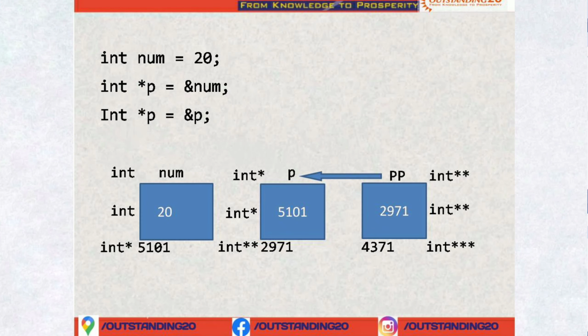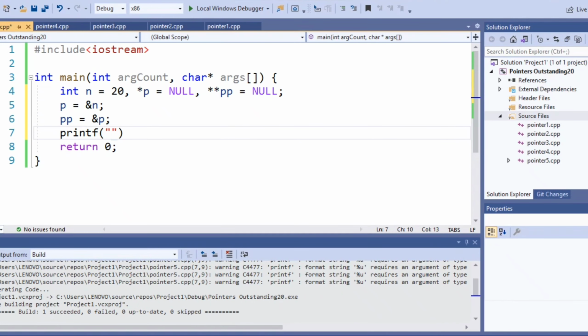Let us continue with the printf statements. Whatever I am writing here with the printf statements, everything you have to think in terms of pp. So value of p equals, please note the p is a pointer and hence its value is an address. So to print an address, we are using %u for readability purpose.